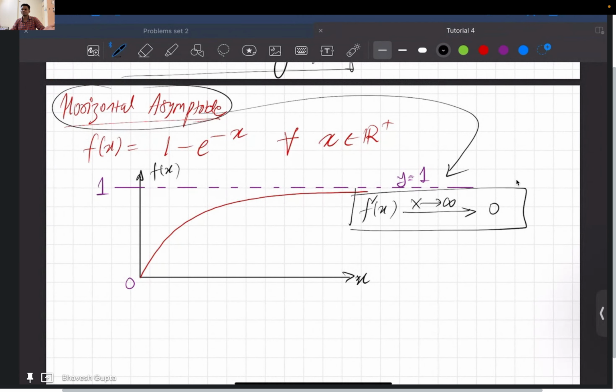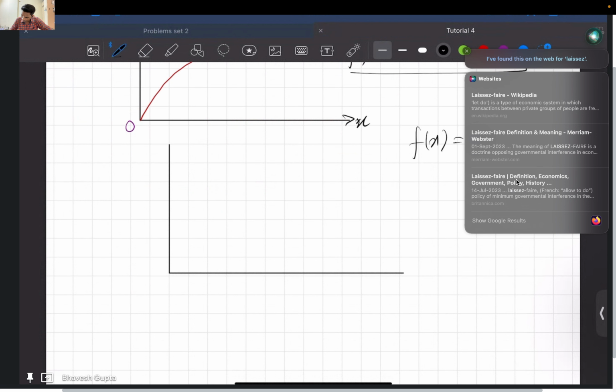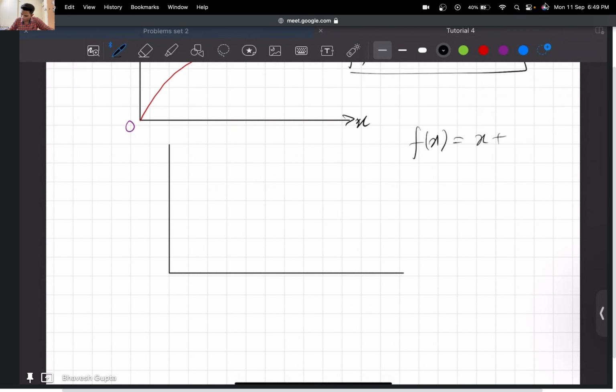You might have a general asymptote. For example, this is also an asymptote, and it might make you wonder whether only vertical and horizontal ones exist, but that's not true. For example, if you consider this function, which I found on the web, check it out.